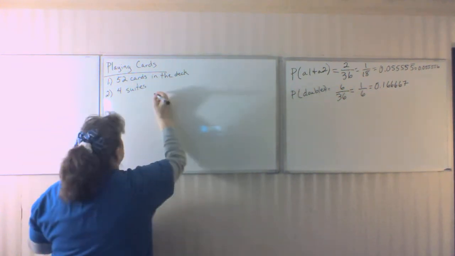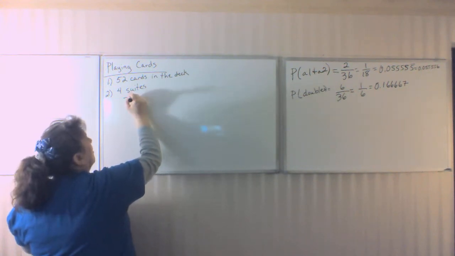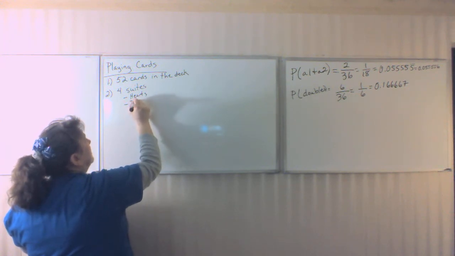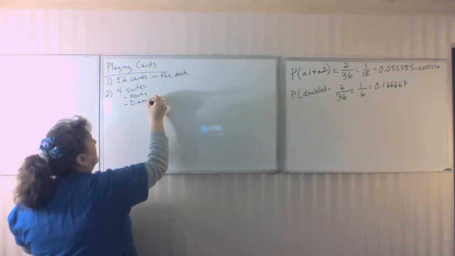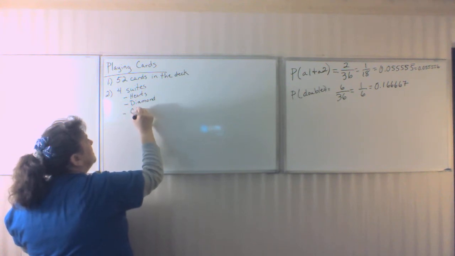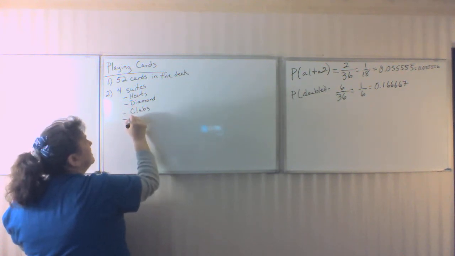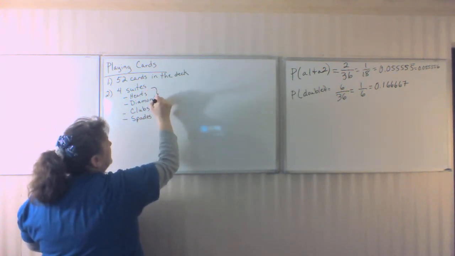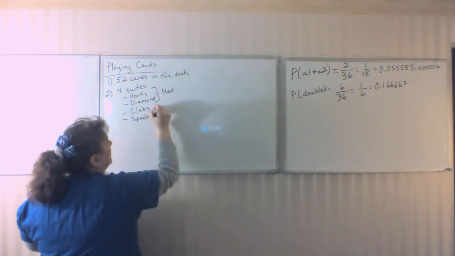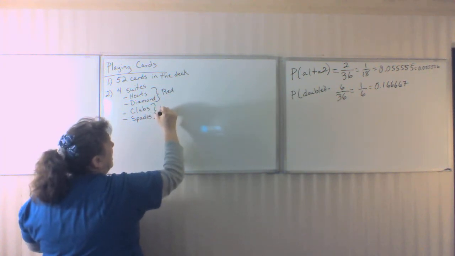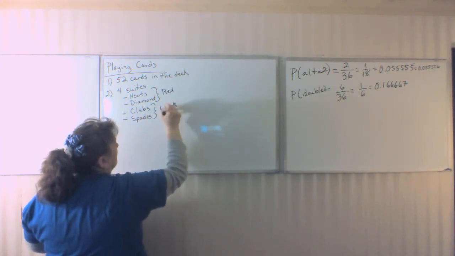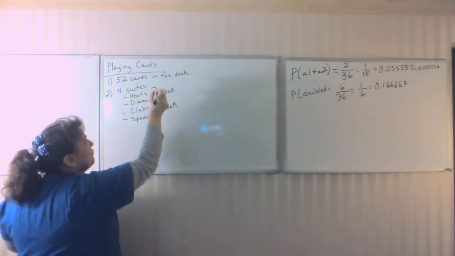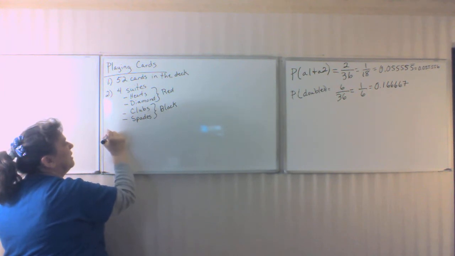And those suits are hearts, diamonds, clubs, and spades. These 2 suits are red. These 2 suits are black. Okay? So that means there are 13 cards in each suit.